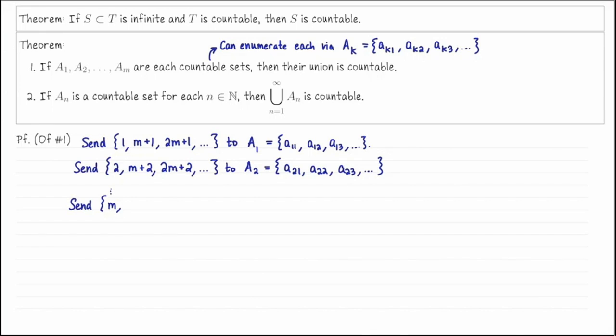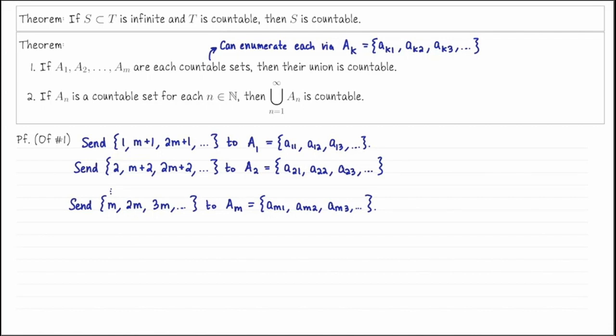So that's like 0m plus m. Then we would do 1m plus m. So we're going to be sending m, 2m, 3m, 4m to A sub m, whose members look like AM1, AM2, AM3, on and on. I claim that this is a bijection. And at this point, we've essentially finished the proof, because here's our bijection from the natural numbers to this collection of countable sets.